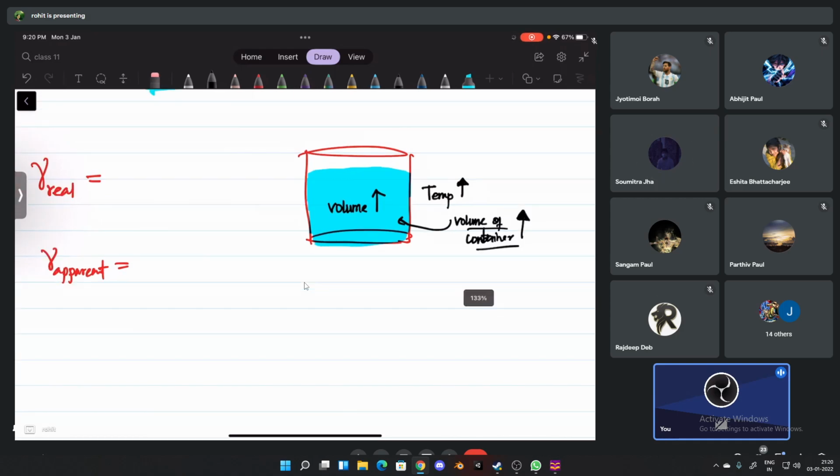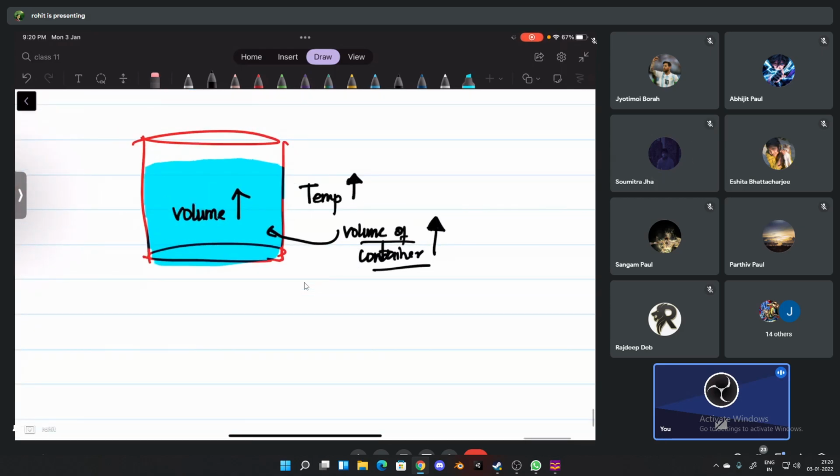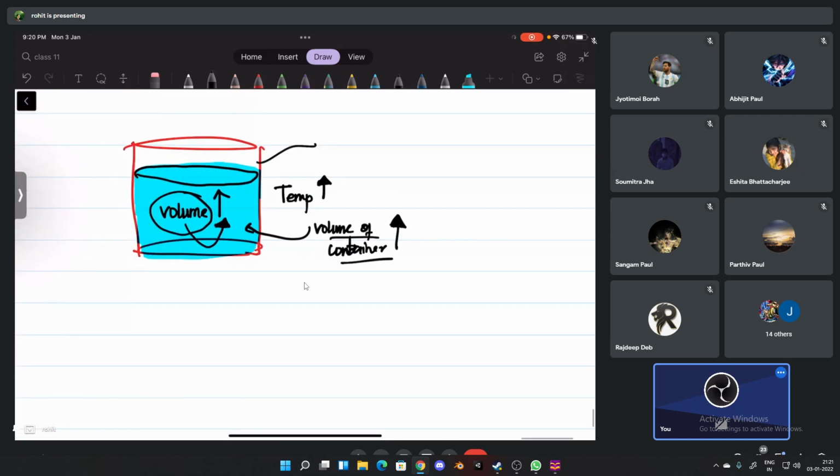If I somehow calculated the actual increase or change in volume of this liquid, then the coefficient of cubical expansion will be called real. Can you understand?